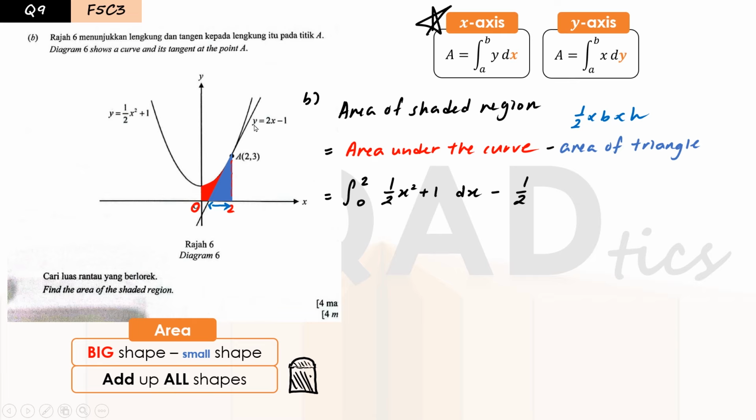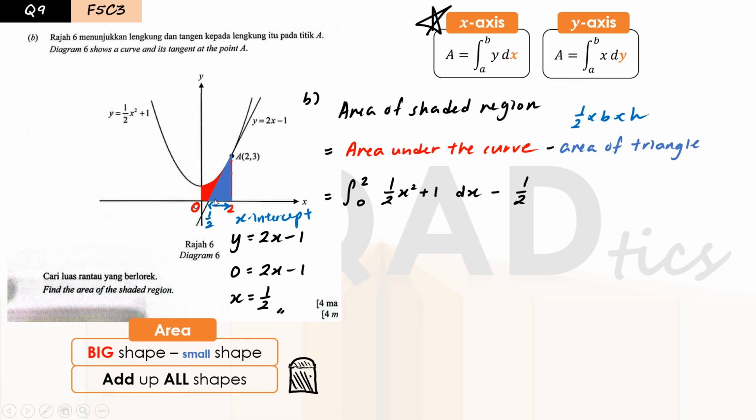Which means the y would be 0. Okay, because we are finding out the x-intercept, right? So if we change the equation here and there, we can find out the value of x, which is 1 over 2. Okay, so here it's 1 over 2.